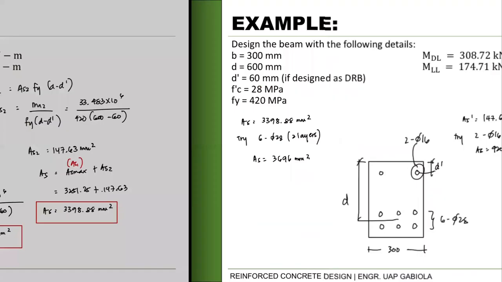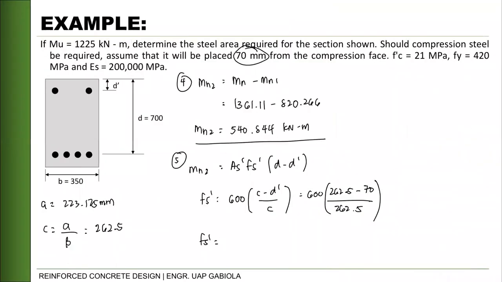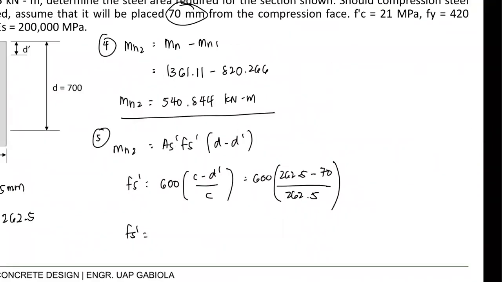So since yung value is again greater, this is 440. Okay? Greater pa din siya dun sa ating Fy, which is 420. Therefore, compression steel yields ulit tayo.